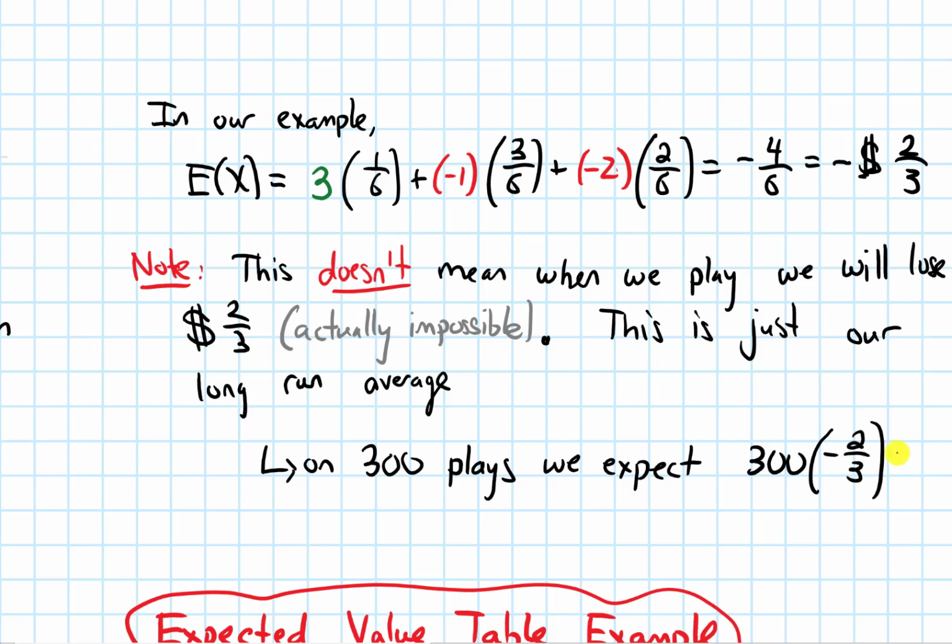If I multiply this out, we get -200. So what that means is we would expect to lose about $200 if we were to play 300 times. So I'm really going to highlight this word expect. It doesn't mean this has to happen. It's just the expected long run average if we were to play 300 times.